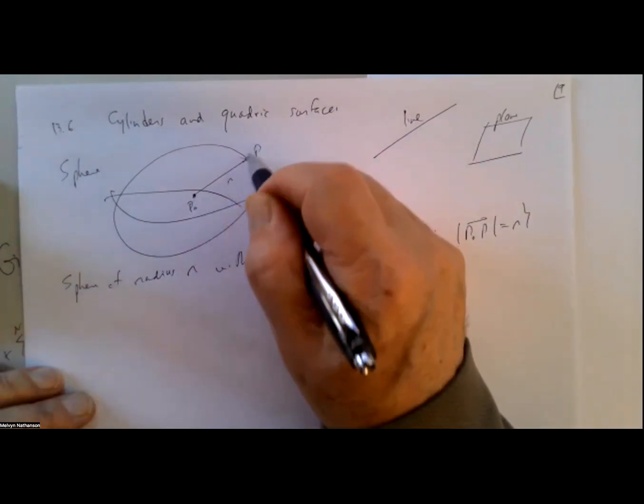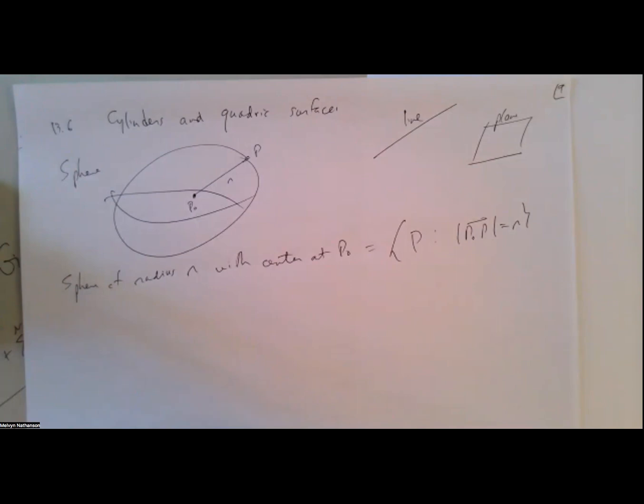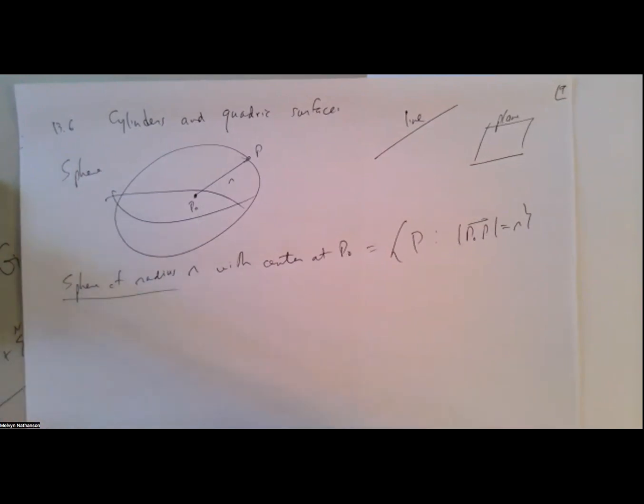It's all points P whose distance to the center P naught is equal to r. So that's one of the most basic geometrical shapes.